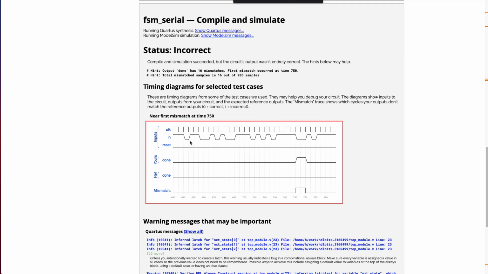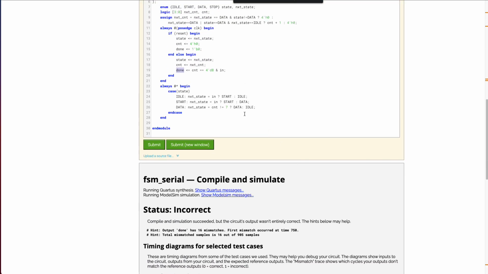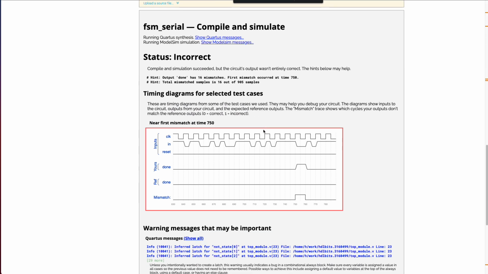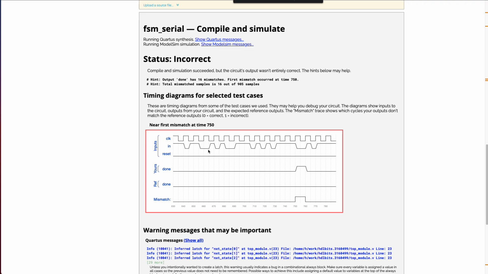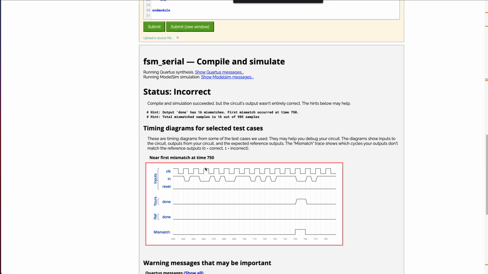Here is saying we have done, then that means the previous cycle was 8 and in. So 7, 6, 5, 4, 3, 2, 1, 0. So next count is 0. So count is 0.